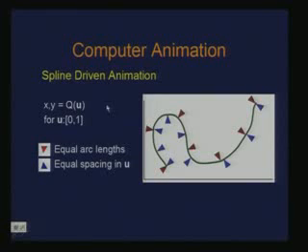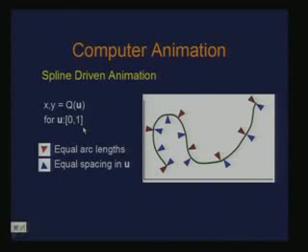Now the issue here is, let's say I have a two-dimensional case where x and y are represented through this Q(u), so it's a parametric curve in u where u is between 0 and 1.